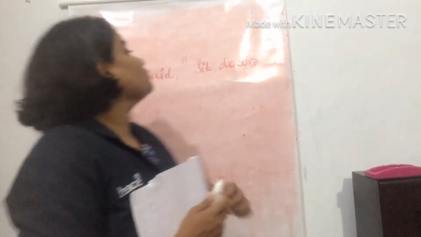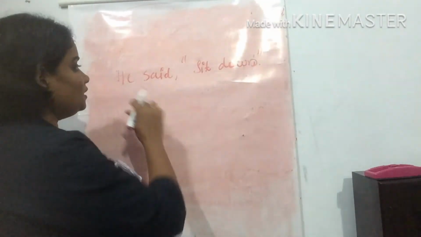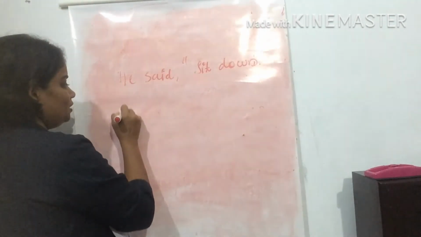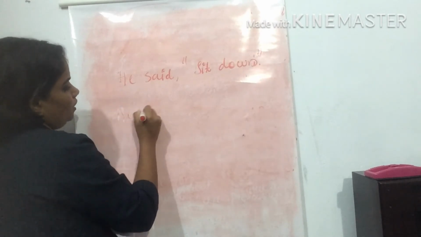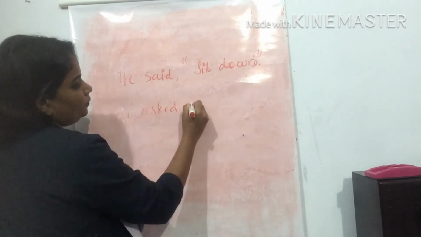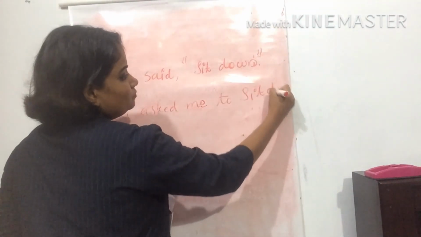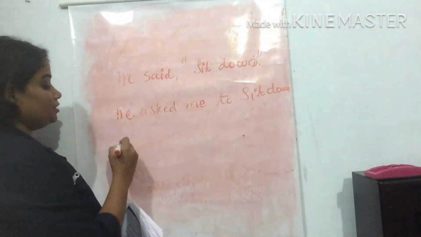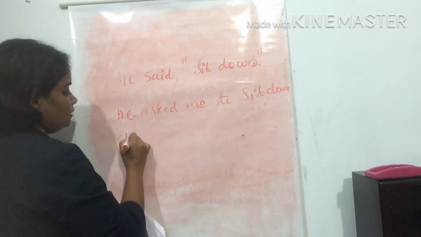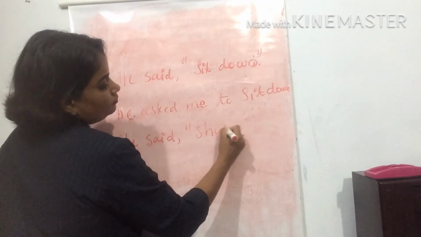Okay, now let's see the statement, then only you will understand. He said, sit down. He asked me to sit down. Okay, I'll give you one more example. She said, shut the door.